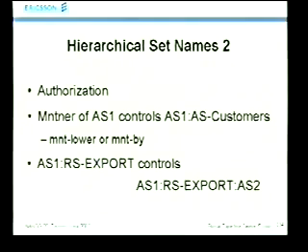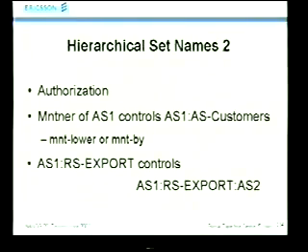I'll talk about this later, this mnt-lower attribute, or the mnt-by, controls the creation of this. What it means is, if you want to create this object, you must satisfy the authentication specified in the aut-num object for AS1. It's specified either by this special attribute mnt-lower or by mnt-by.